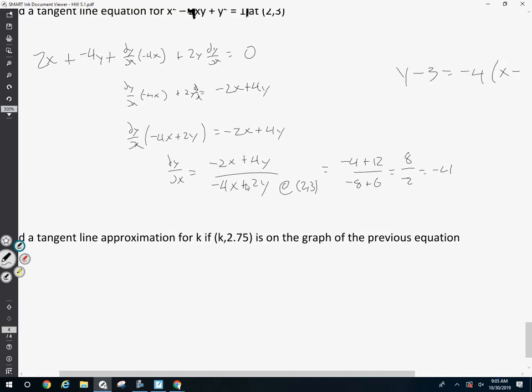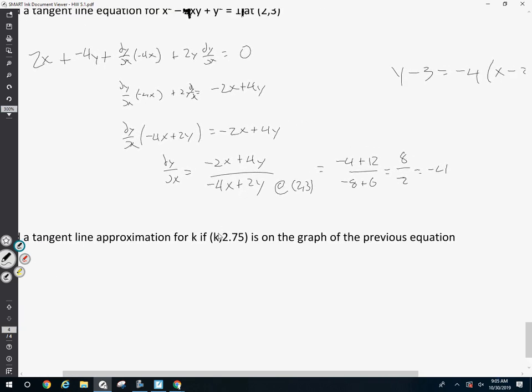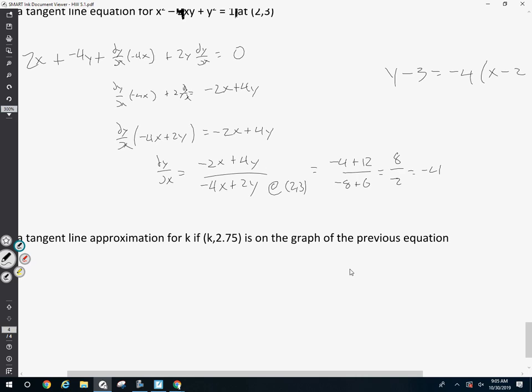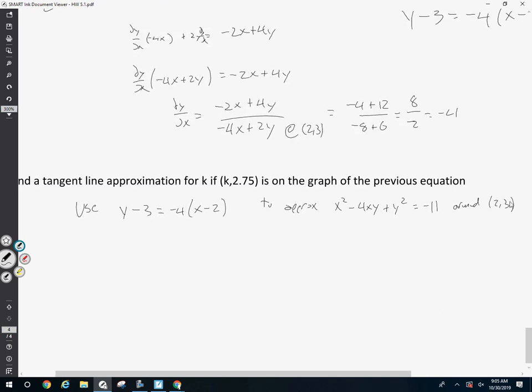All right, find the tangent line approximation for 2.75, k, if that's on the graph of the previous equation. So I'm going to use y minus 3 equals negative 4 times x minus 2 to approximate x squared minus 4xy plus y squared equals negative 11 around 2, 3. 2.75 is close to the y coordinate of 3.